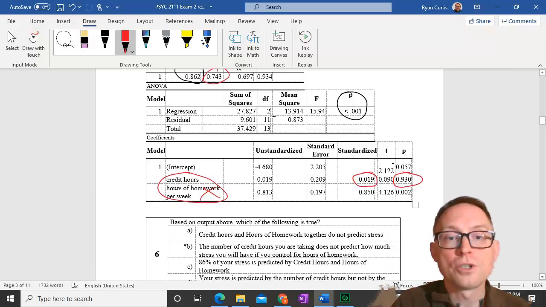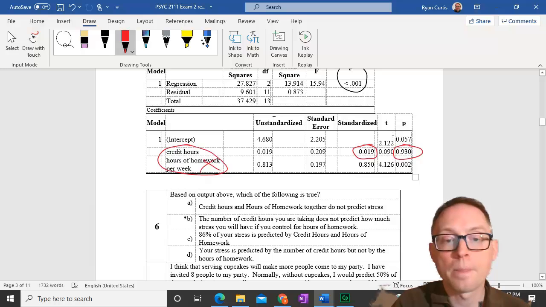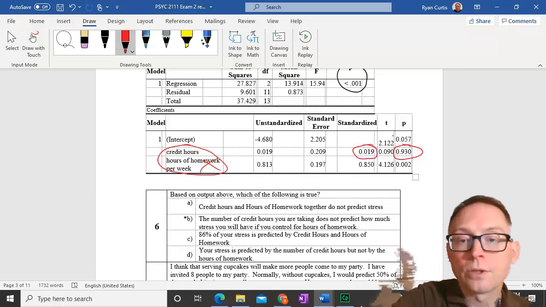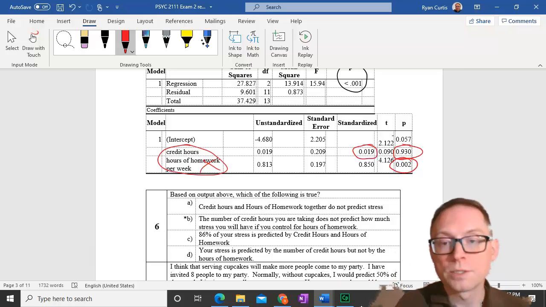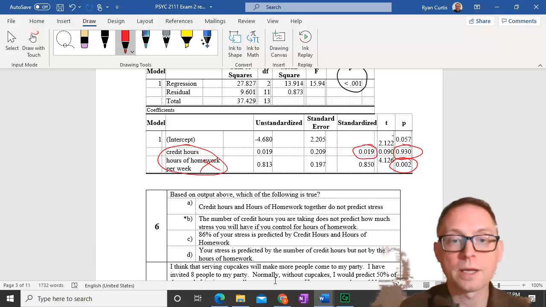So it should say 0.743 if that is correct, and it's not correct. D, your stress is predicted by the number of credit hours, but not by the hours of homework. Well, that's not true because look right here, that's not significant. In fact, hours of homework does significantly predict how much stress you have, independent of the number of credit hours you have.